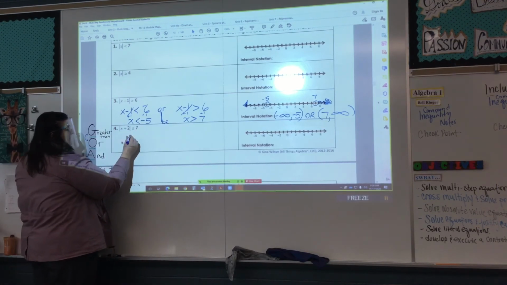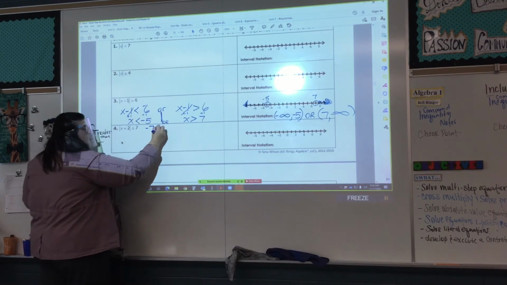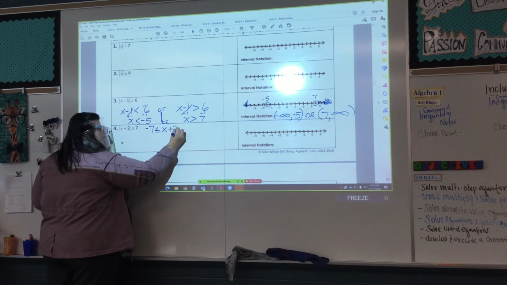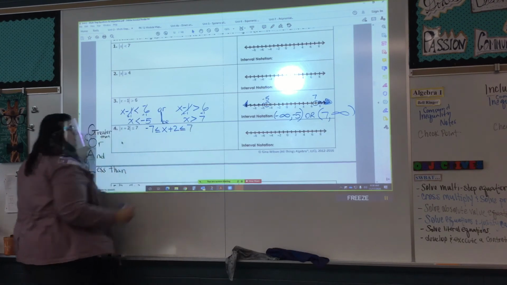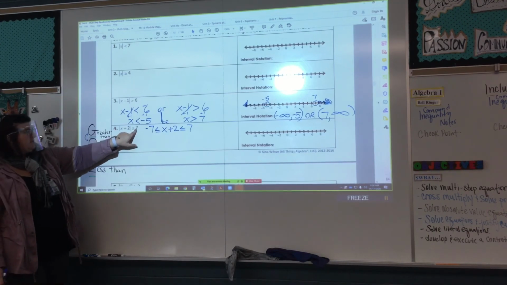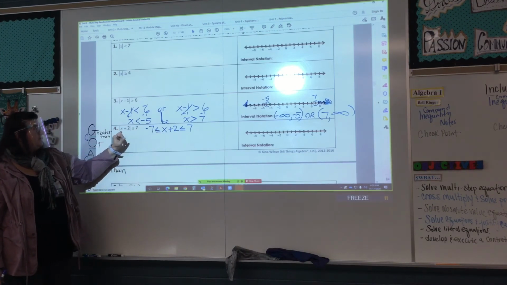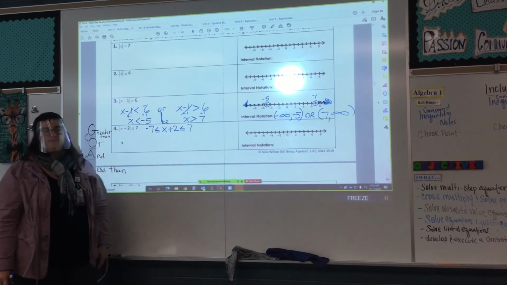I take the opposite of this number, -7, and I put it on the other side, and I smush what's inside the absolute value. So less than is an AND inequality. You take the opposite of the number, put it here, smush it between what's in the absolute value, and then finish it with what is written.